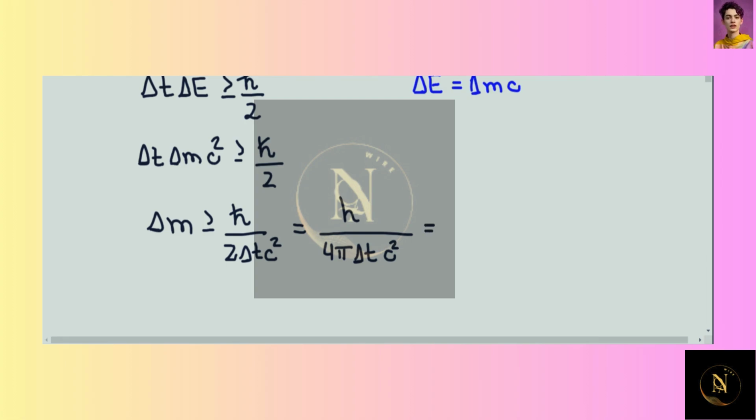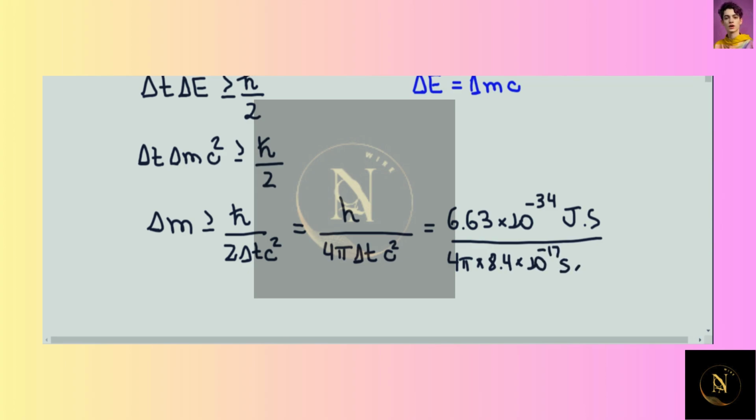And if we substitute the numbers, we have that h is 6.63 times 10 to the minus 34 joules second divided by 4 pi times delta t. Delta t is 8.4 times 10 to the minus 17 seconds times c squared. C is 3 times 10 to the 8th meters per second.